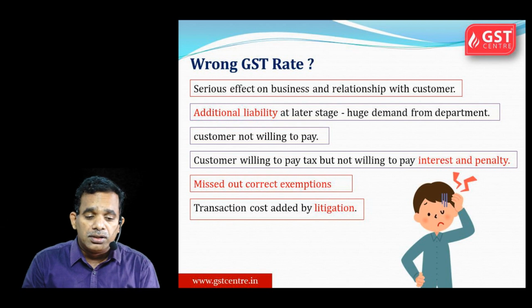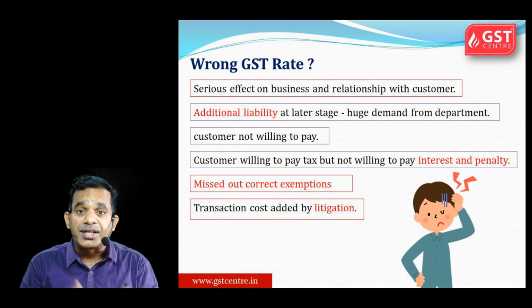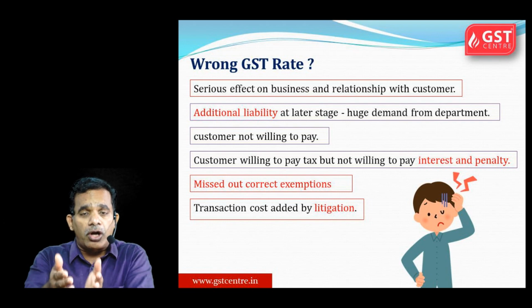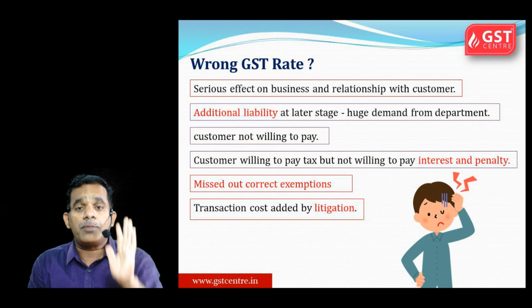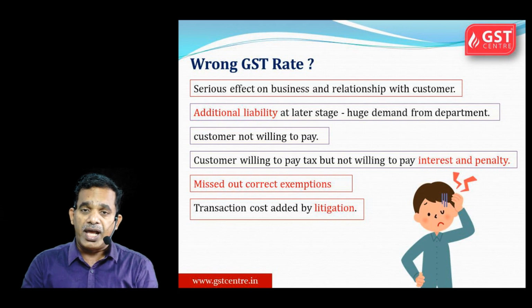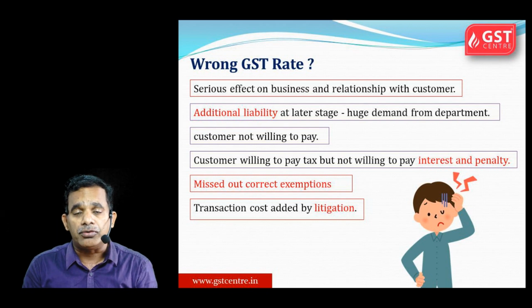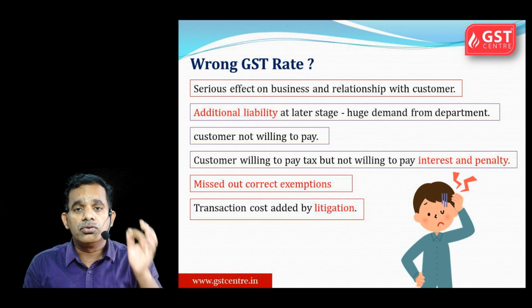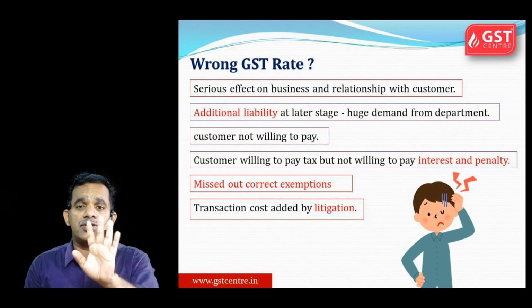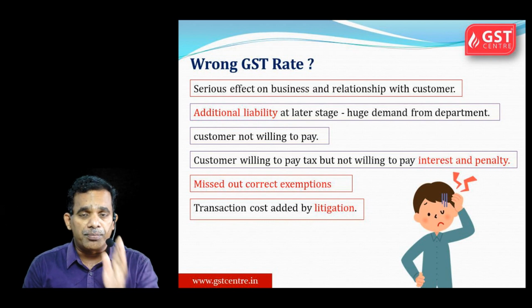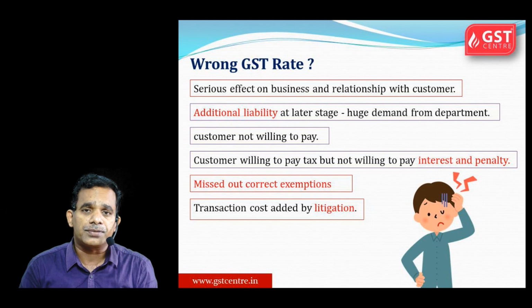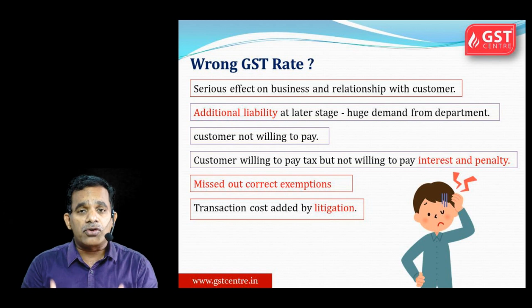Then, there is additional liability at a later stage. Suppose instead of charging 12%, you charge 5%. Later, the department may find out that you paid only 5% instead of 12%. So there will be a notice from the GST department. Then the customer may not be willing to pay.